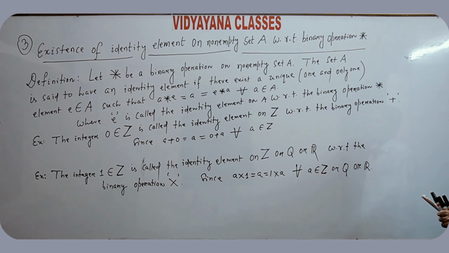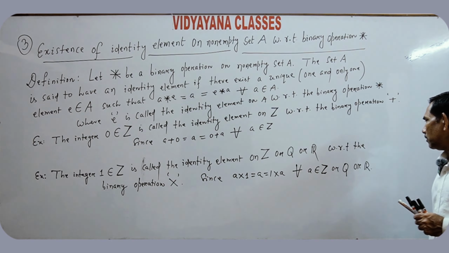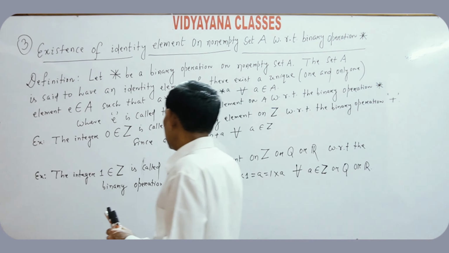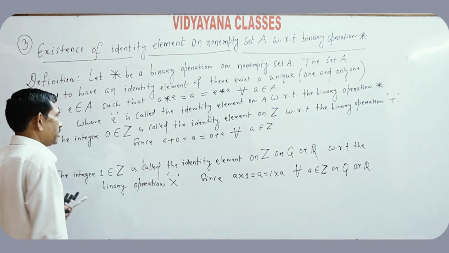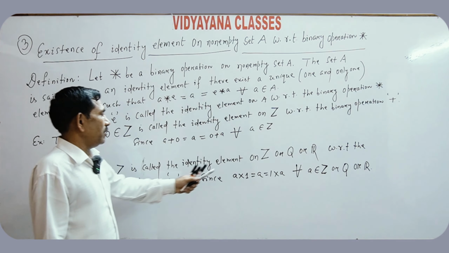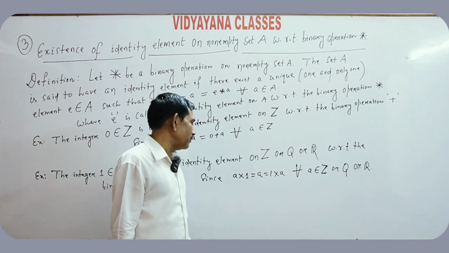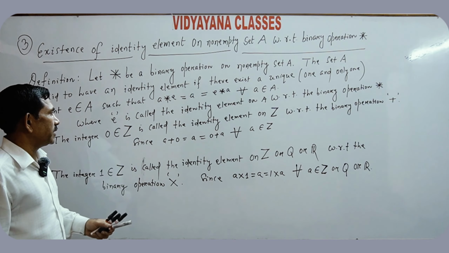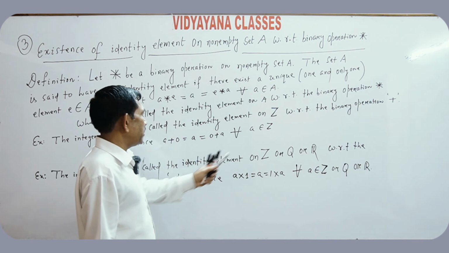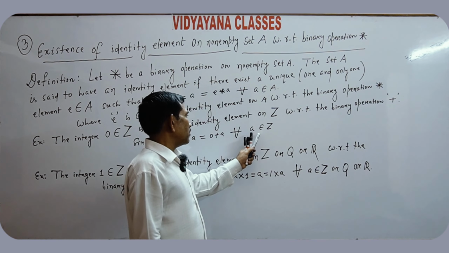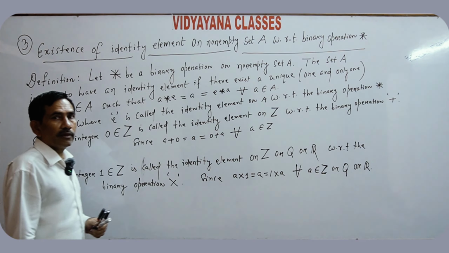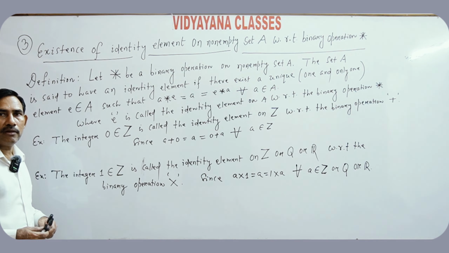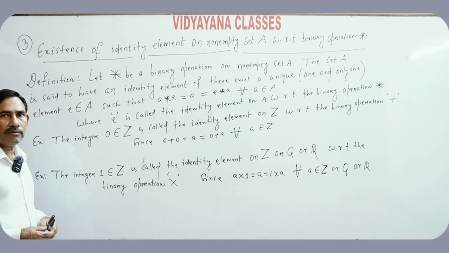Since A into 1 is equal to A is equal to 1 into A for all A belonging to Z or Q or R, 1 is the multiplicative identity on Z or Q or R, and 0 is the additive identity on Z. Clear? Are you clear? Okay, note down.